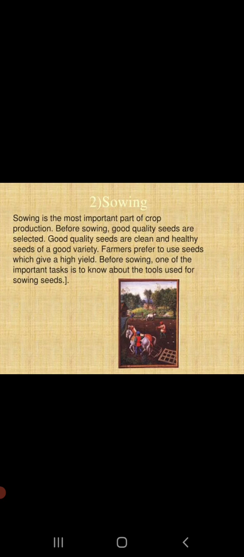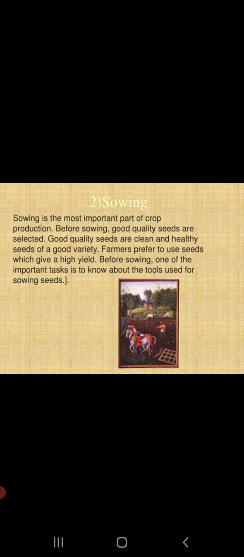Now sowing of seed, children, is a very important step, because if your seeds are of good quality, the crop production would be good. However, if the quality of the seeds is not good, if the seeds are not healthy, the crops so produced will not be healthy and will not give good outcome. So selection of good quality and healthy seeds is very important before we go ahead and sow them.